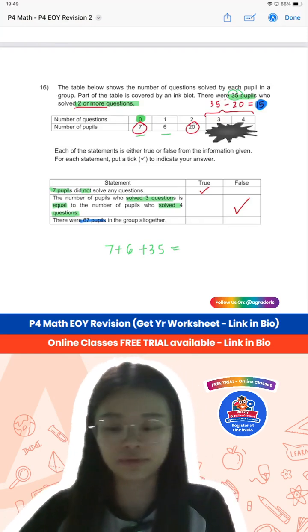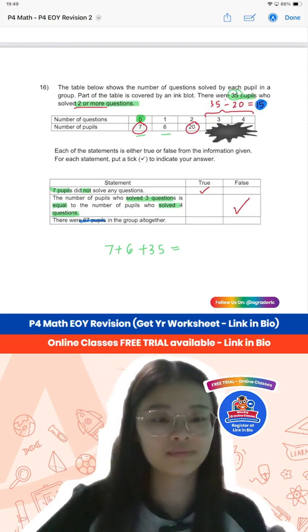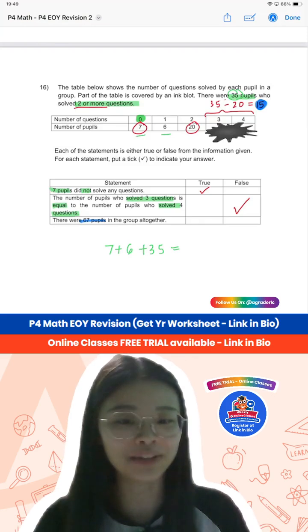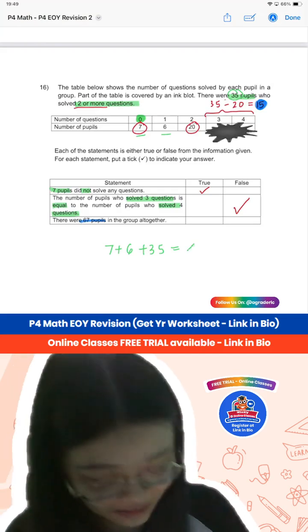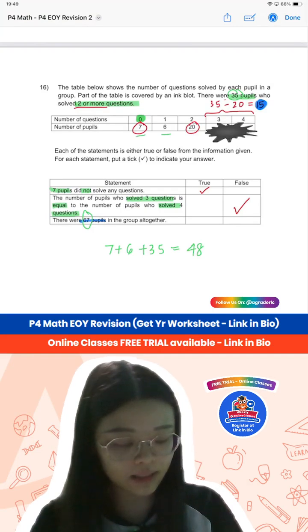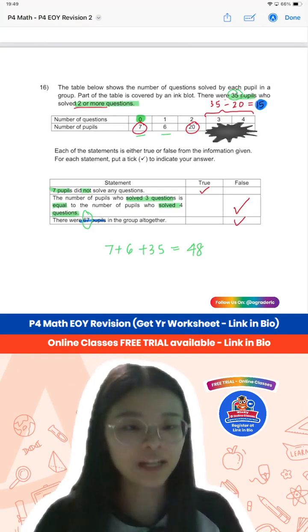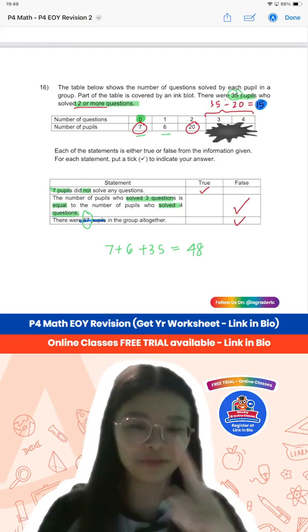What does it give? Definitely not 67, right? It gives us 48. So this value over here is wrong. So the answer is false. All of you are very excited about the number, but it's wrong.